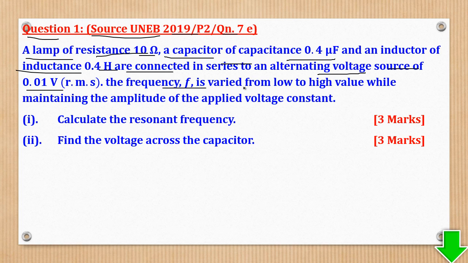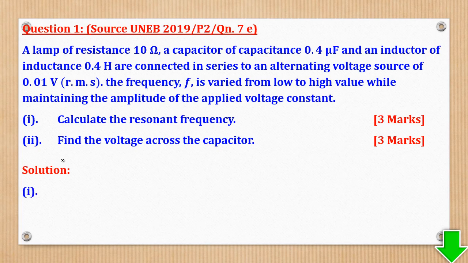The frequency f is varied from low to high value while maintaining the amplitude of the applied voltage constant. Roman 1, calculate the resonant frequency, and Roman 2, find the voltage across the capacitor.